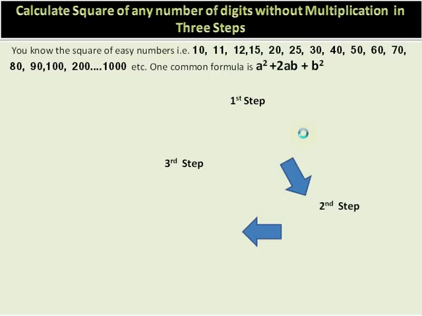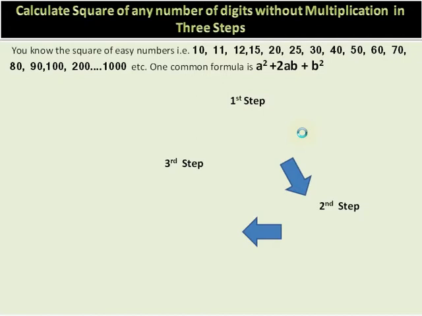One simple formula for calculating square: a square plus 2ab plus b square. You must know that. Suppose you want to know the square of 12. In 12, 1 is a and 2 is b, and the formula begins from b square, not from a square.